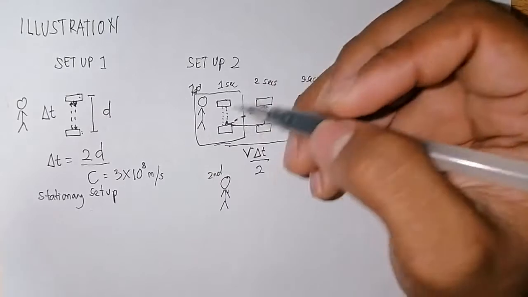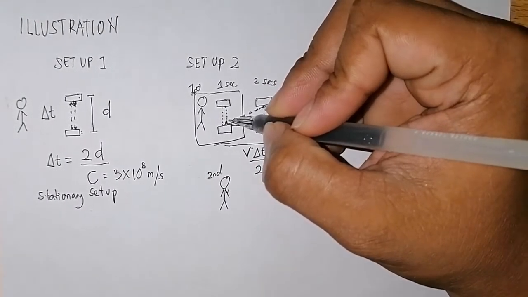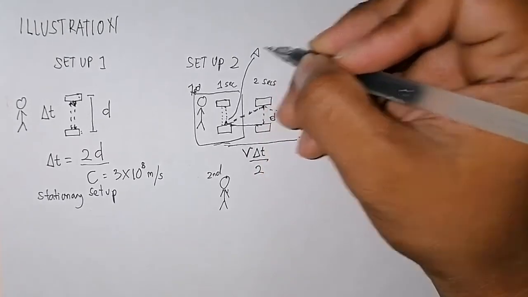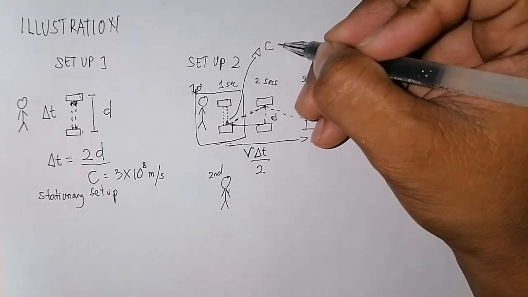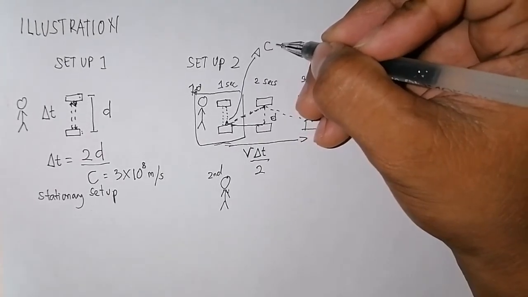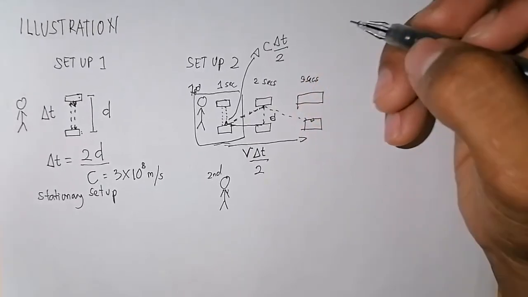So we can infer that the speed of light c is equal to the change of time over 2.